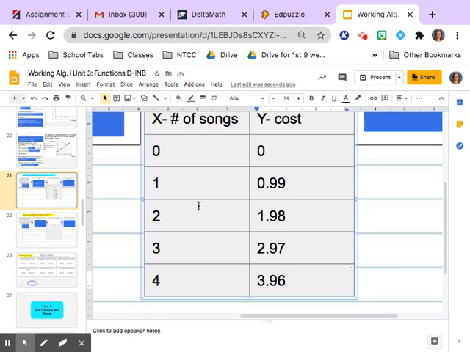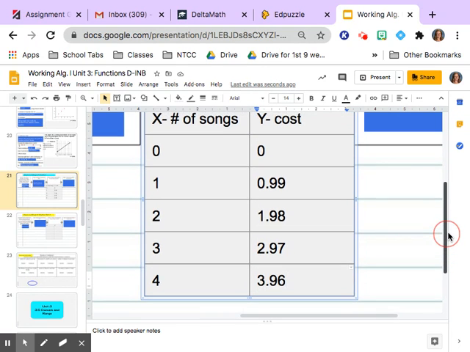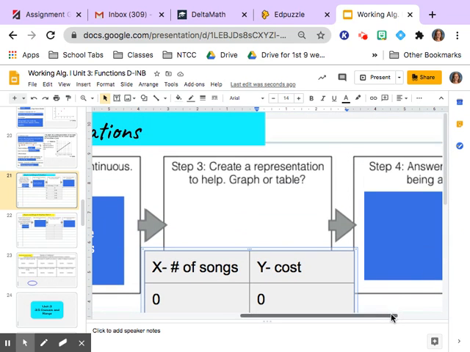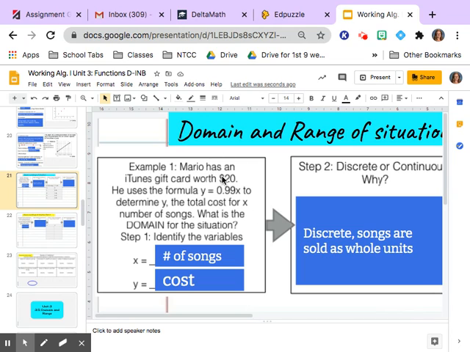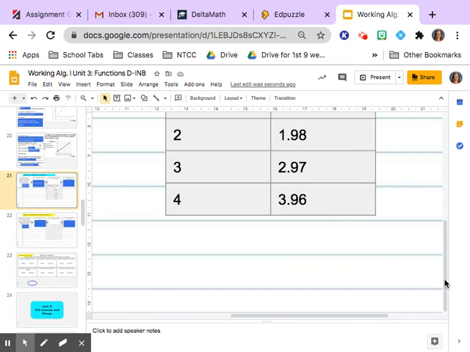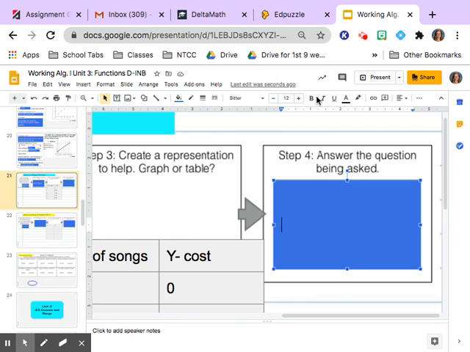Okay, so our number of songs is a discrete function. 0 to whatever. However many songs you want to buy. But what was the stipulation there? Wasn't there like a limit? The $20 gift card was our limit. So how many total songs could Mario buy? What would we need to do? 20.